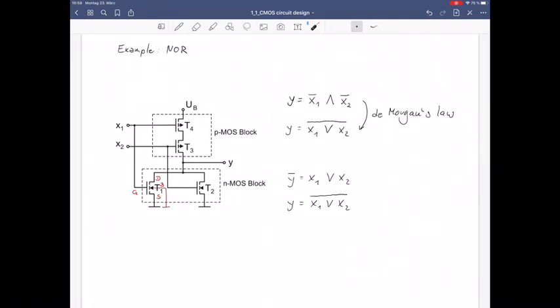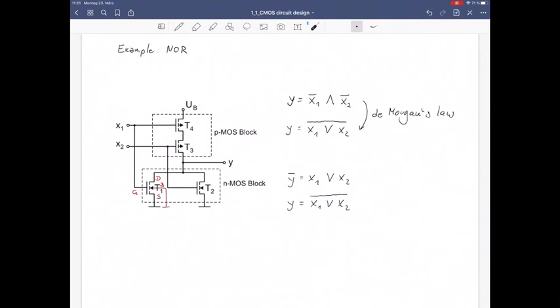So both blocks, the PMOS block and the NMOS block, are described by the same Boolean equation. If we now look at the resulting equation, it can be seen that this equation finally proves that the circuit on the left is indeed a NOR gate.